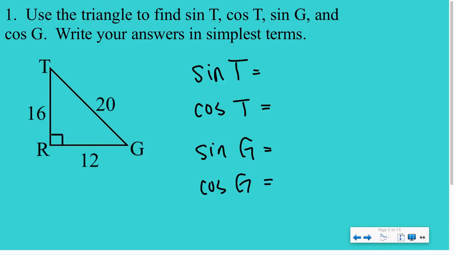Anna, did you get the sine of t in those terms? 12 over 20, 3 over 5. Good. Did you get your cosine of t? Did you get the sine of g? Cosine of g? Okay, go do cosine of t. Barbie, sine of g. Okay, I'll give you a minute.